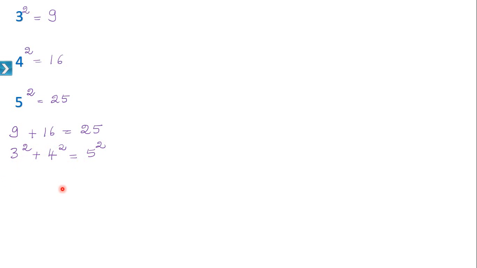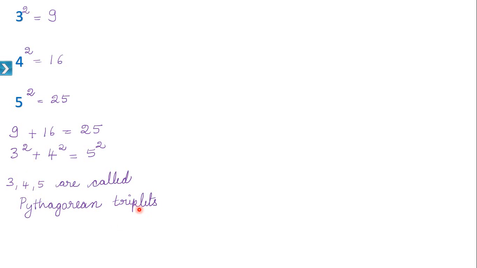Therefore, the numbers 3, 4, 5 are called Pythagorean triplets. They are called triplets because we have 3 numbers here.